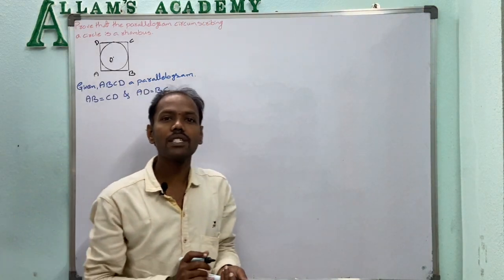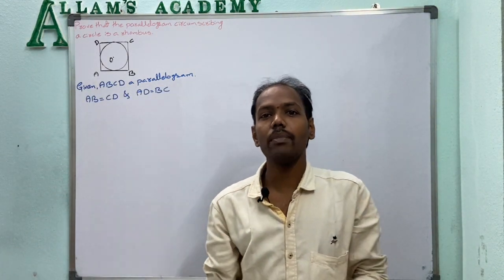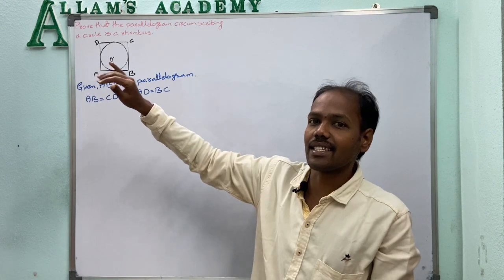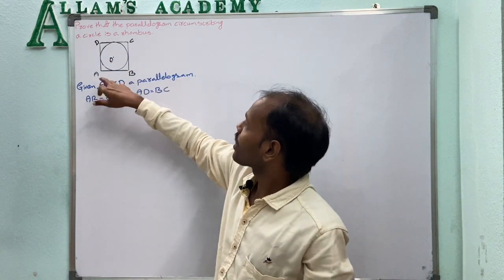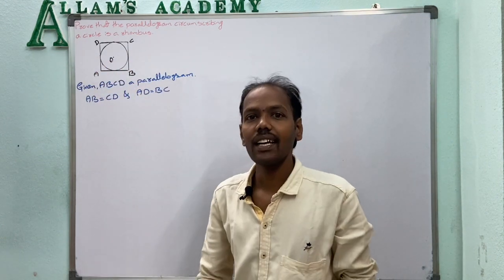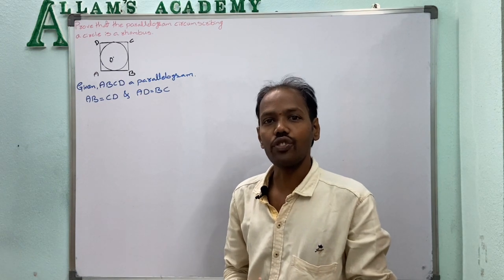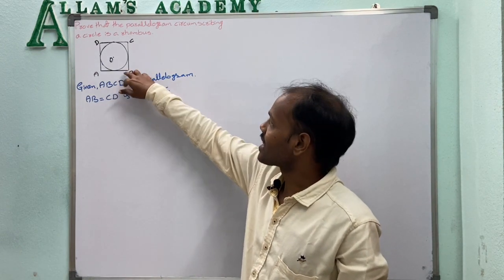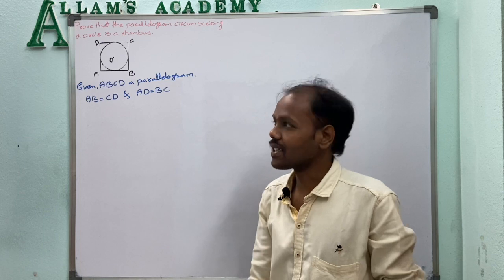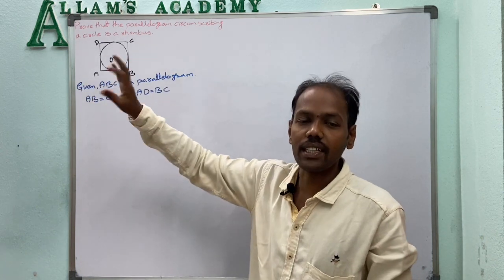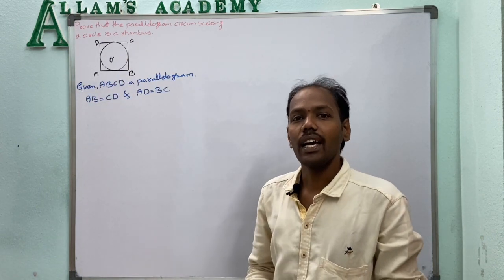So rhombus means, what we know, in a rhombus the adjacent sides are equal. In a parallelogram, the adjacent sides are not equal. So now we have to show the adjacent sides are equal for this parallelogram ABCD, then only it becomes a rhombus.